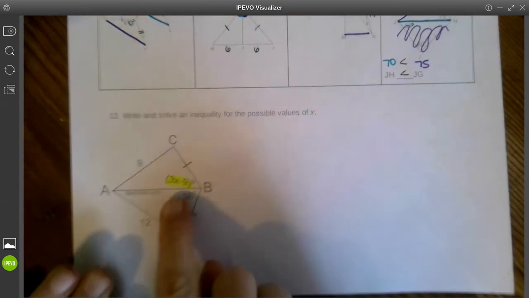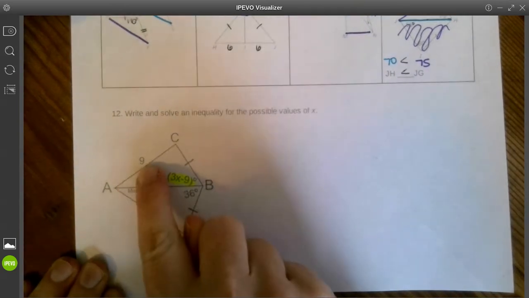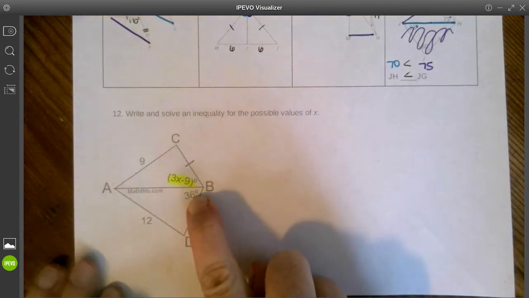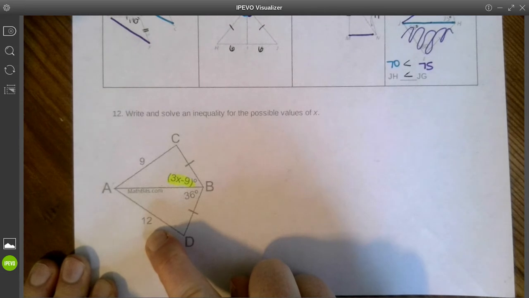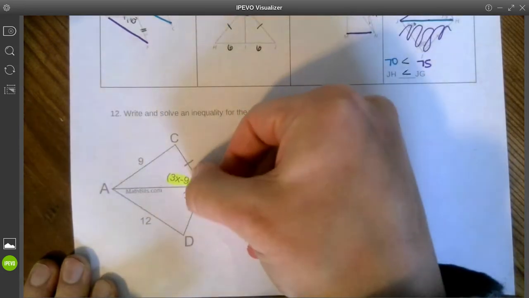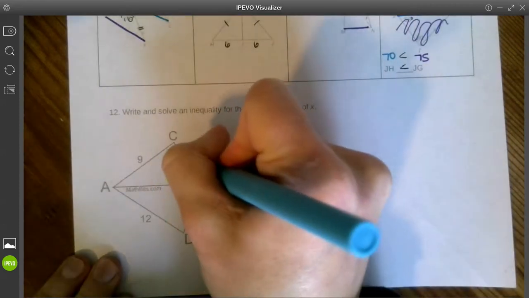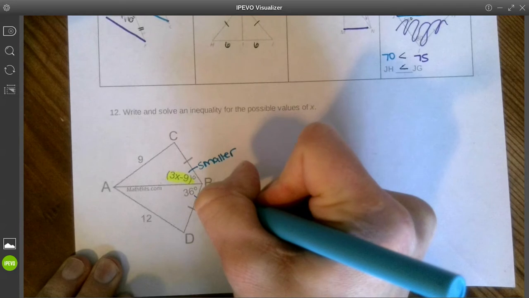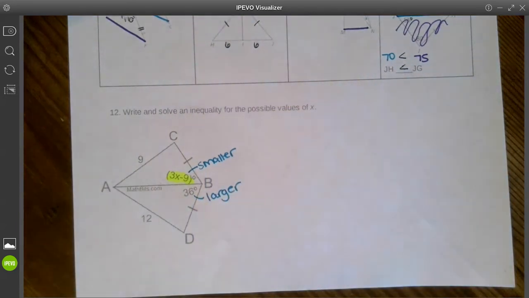The 3x minus 9 degree angle is opposite side AC, which has a length of 9. The 36-degree angle is opposite AD, which has a length of 12. So if I was comparing these two angles, what I know is that 3x minus 9 is the smaller angle, and the 36-degree angle is the larger angle. This helps me set up an inequality.